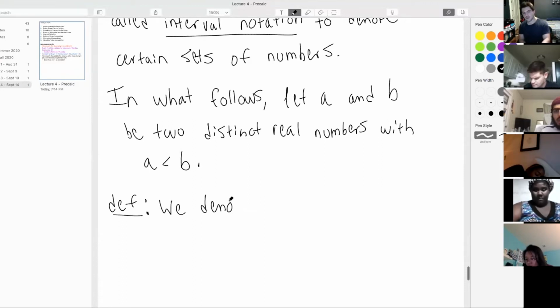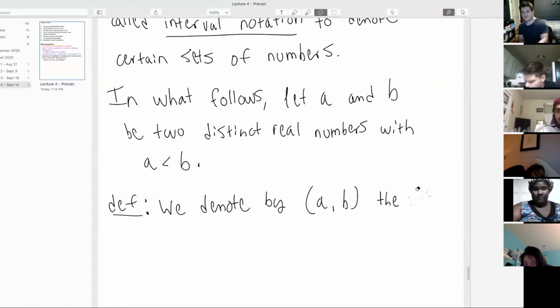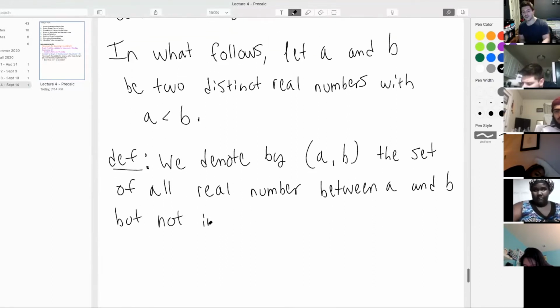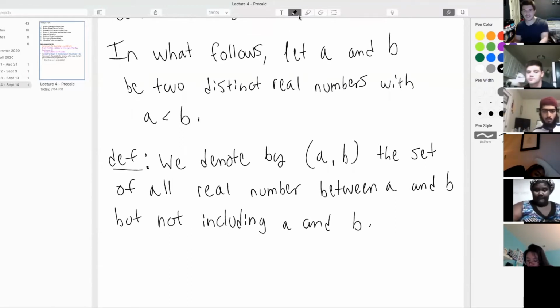We denote by parentheses A comma B the set of all real numbers between A and B, but not including A and B. We're not including those endpoints, but this notation, A comma B with parentheses, will mean all numbers between A and B.